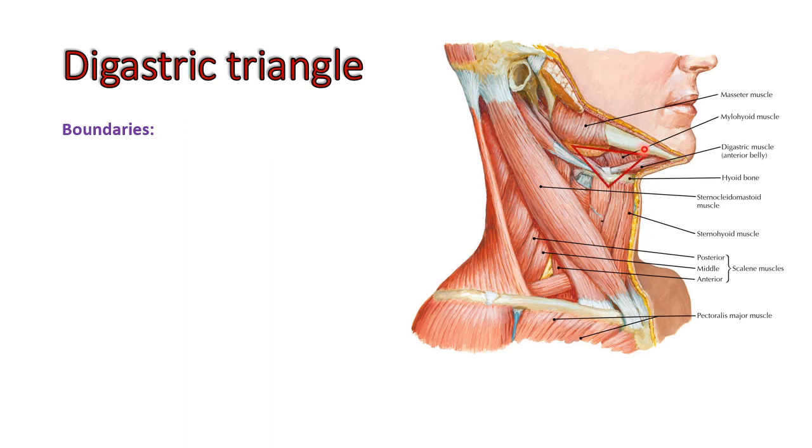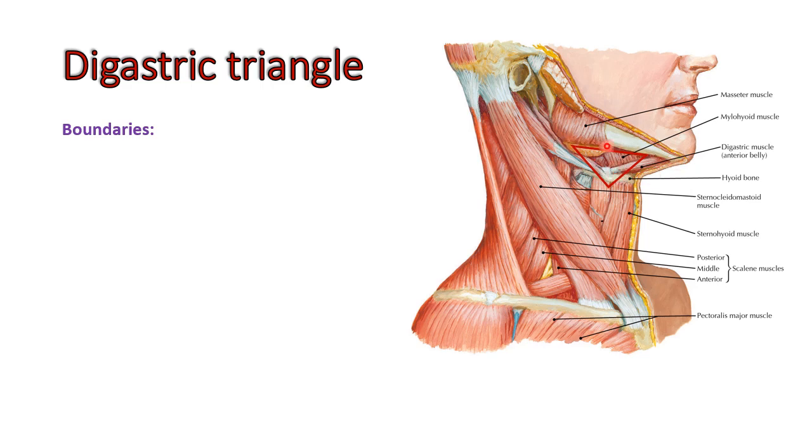That is the digastric triangle, which is present between the two bellies of the digastric, the anterior and posterior belly of the digastric muscle. That is why it is called the digastric triangle.